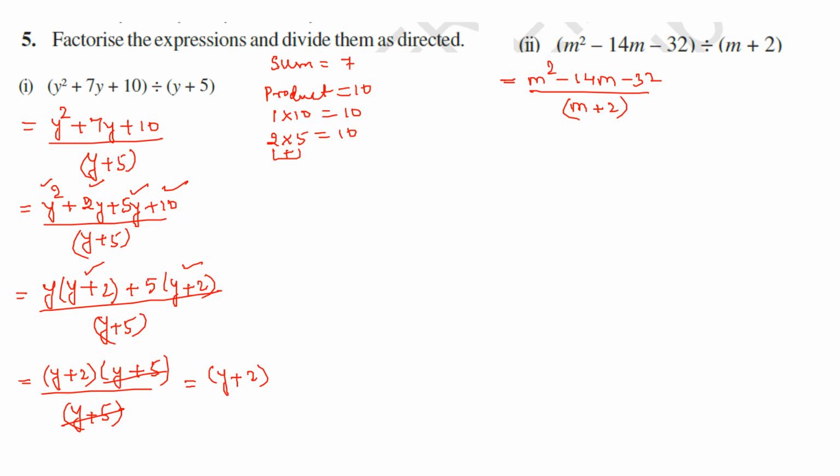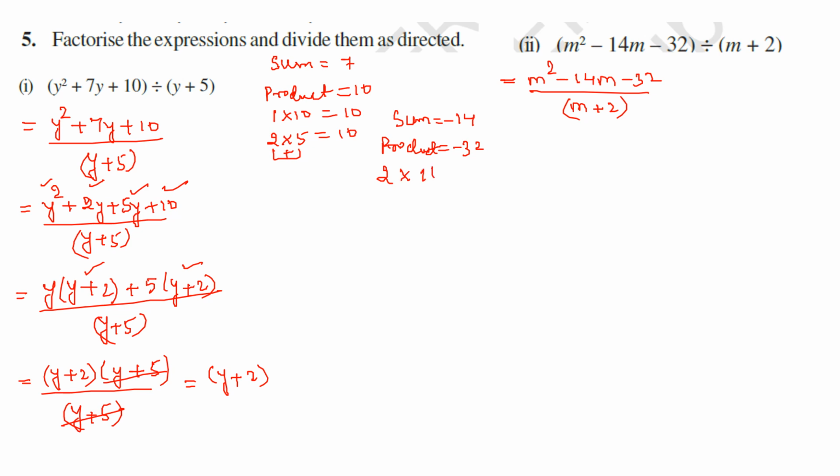So again I have to use the middle term splitting method. So I have to find out two numbers whose sum will give me minus 14 and whose product will be minus 32. Isn't it? So 32 comes in which table? 2 times 16 will give me 32, right?